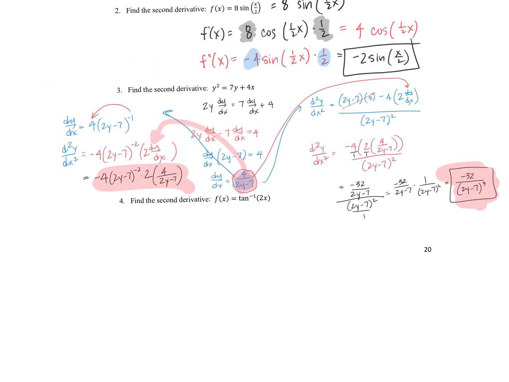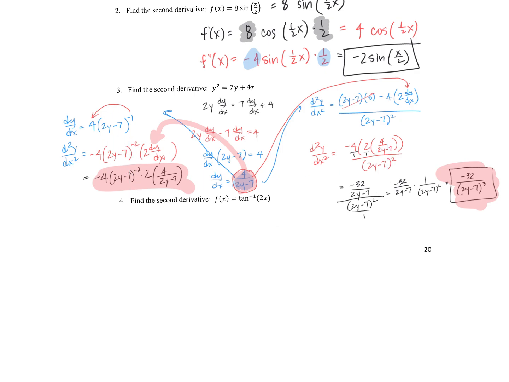Yes, because this 2y minus 7 would go to the bottom, so I'd have 3 of them down there, and 4 times 2 times negative 4 would get me my negative 32. I only say this to give you options. If Henry is here for power rule all day, he can do it. Biscuit's here for quotient rule, he can do it. I don't think one way is easier than another, honestly. Maybe this one was a little easier, but you got to remember that step.